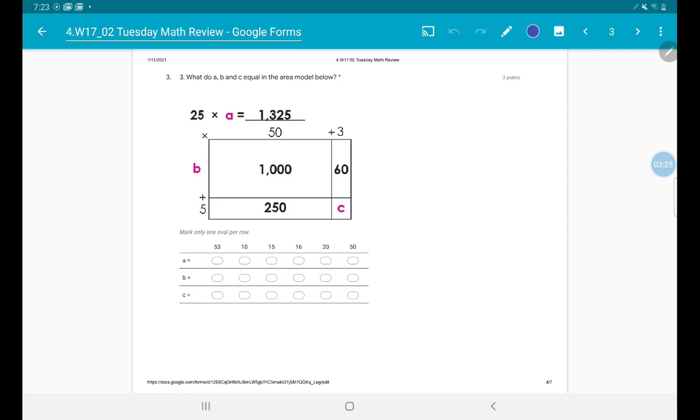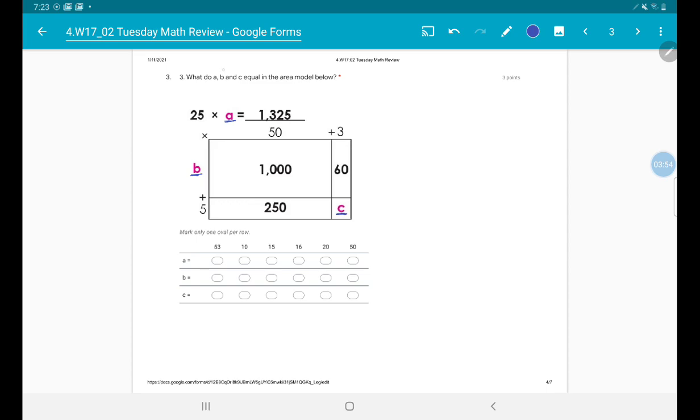All right, number 3, we have an area model. 25 times A equals 1,325. And they've got part of the area model filled in for us, but there's some parts that we're not sure about. So we've got to find what the variable A, the variable B, and the variable C equal.